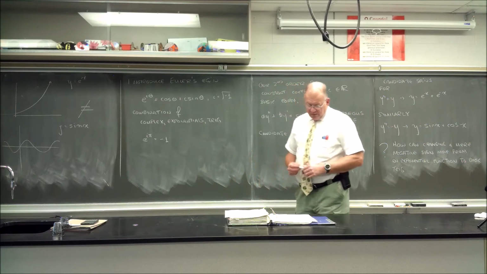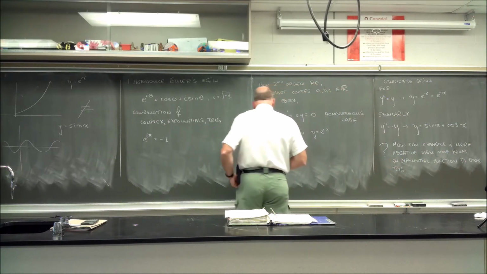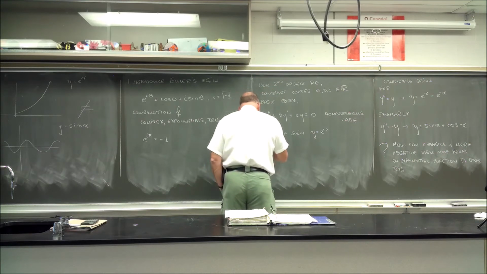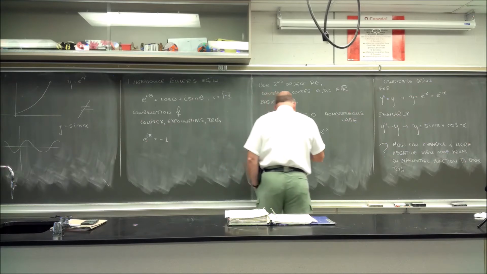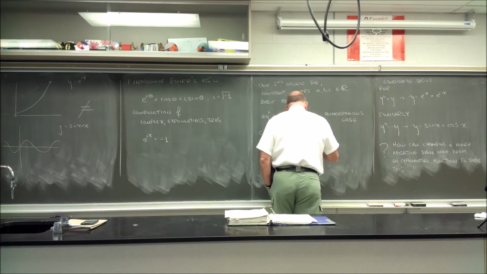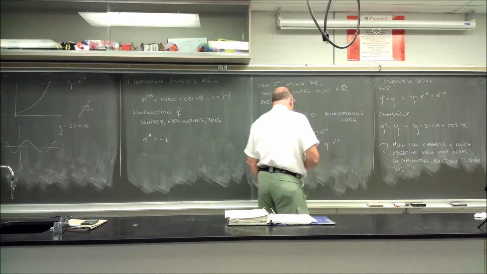So let's see what's going on here. We would have y double prime equal to r squared e to the rx, y prime equal to r e to the rx, and y equals e to the rx as our candidate.